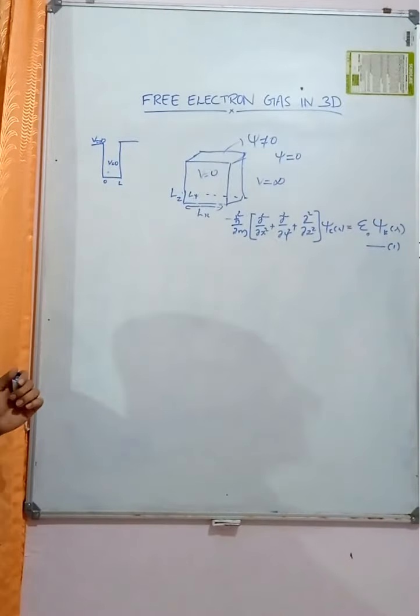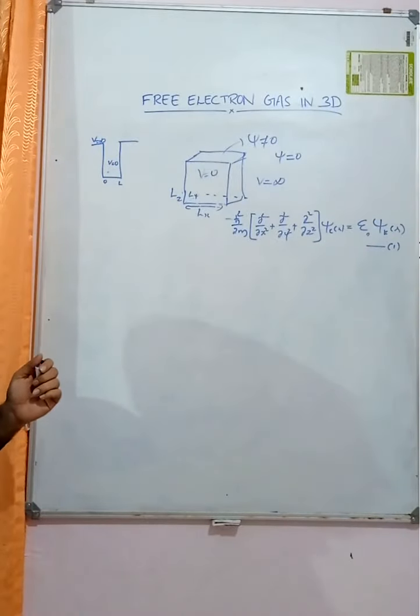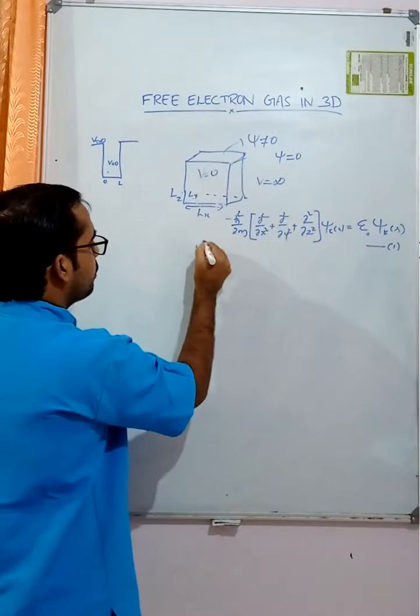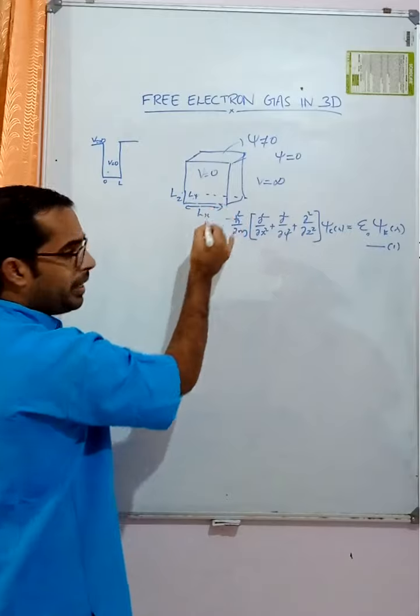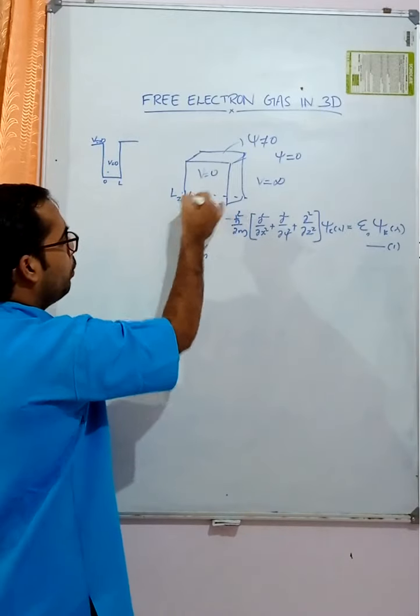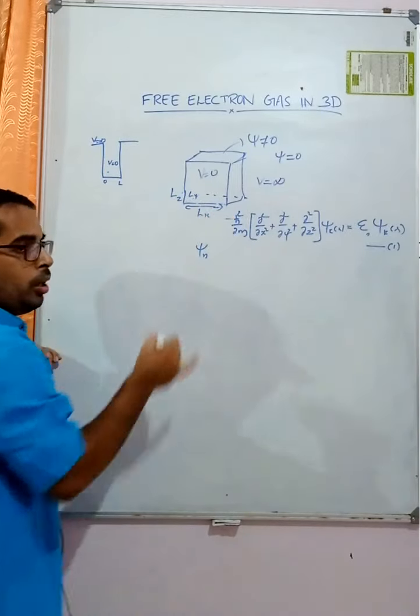Now the solution of this wave function should be of a similar form, since the particle is confined in this box of length Lx along the x direction, Ly along the y direction, and Lz along the z direction.